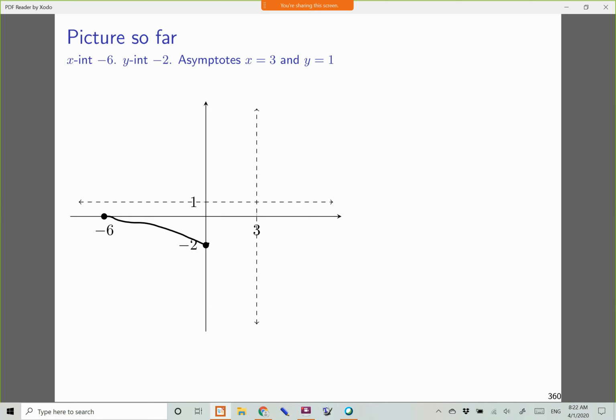I want to spitball some ideas and go, probably the function's going to decrease down from here to here, but are we going to get the function is decreasing but is concave down like this? Or are we going to get the function is decreasing from this point down to this point but is concave up like that, right? So these are some of the kinds of things that we need to figure out by looking at the first derivative and the second derivative.